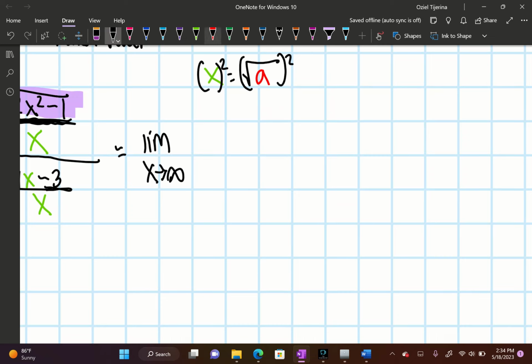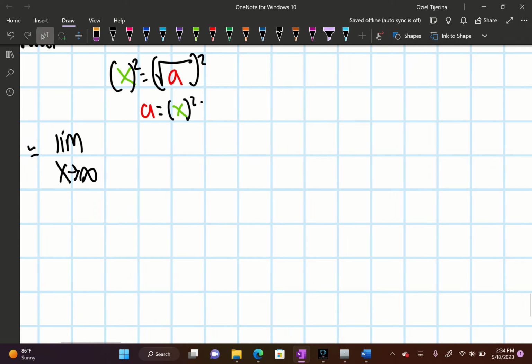So a is really the quantity x squared. So I can say that x is equal to the square root of x squared, but this is only true such that x is greater than 0, for all real numbers greater than 0.